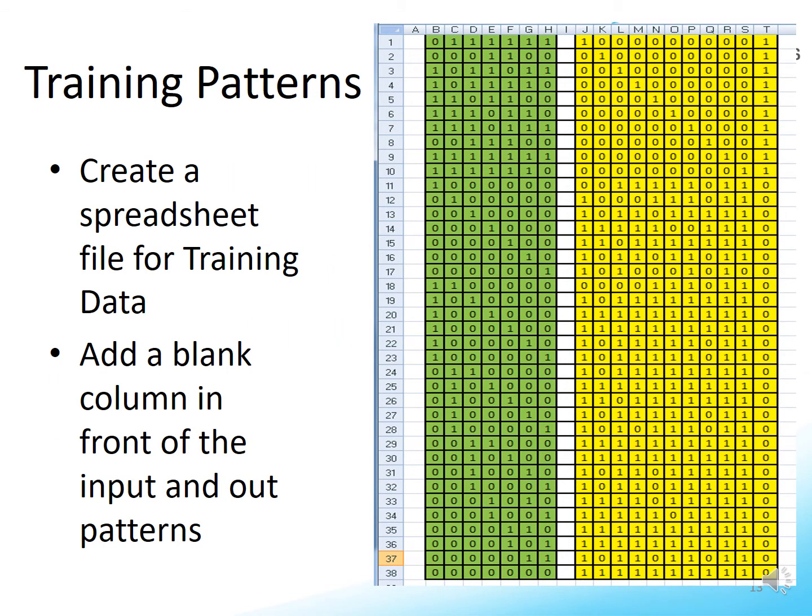You are advised to prepare the training pattern this way. First, you create an Excel spreadsheet for the training data. Add a blank column in front of the input pattern and also add a blank column in front of the output pattern.